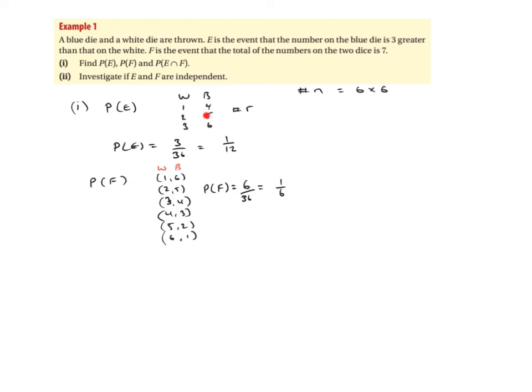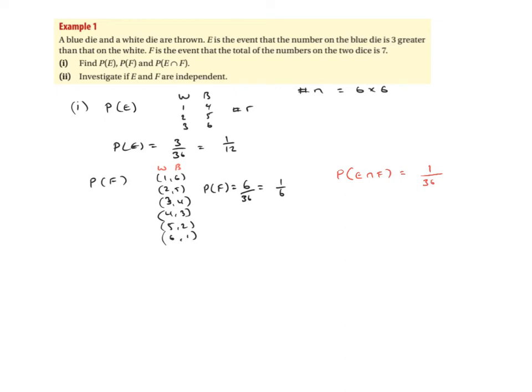So the only thing that is shared between the event E and the event F is 2, 5. Look, 2, 5 here and 2, 5 here. So that means there is one outcome that is shared, i.e. the intersection. So the probability of E intersection F is equal to 1 out of all of the outcomes, which is 36. So we now have answered part I.